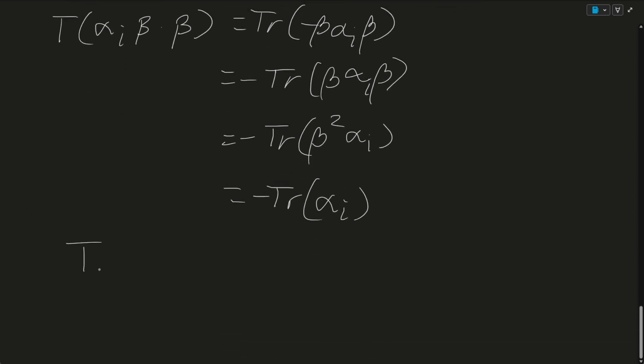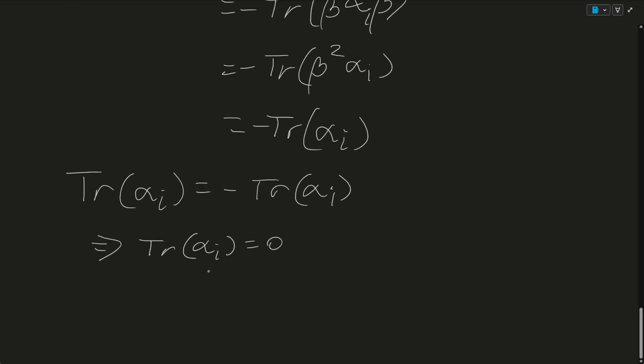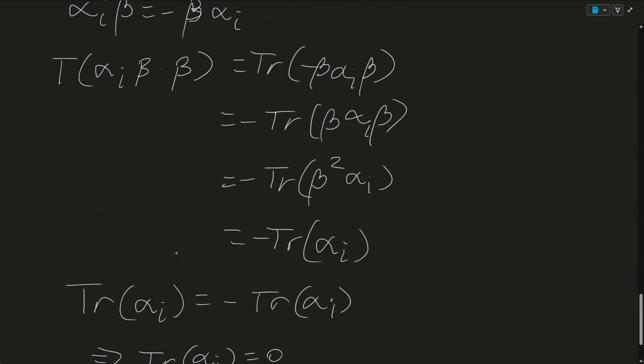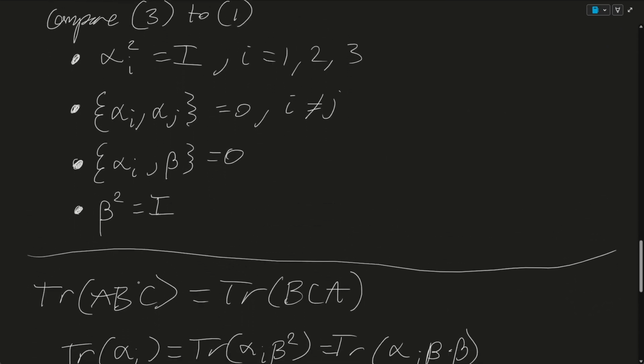Now, since the trace of alpha sub I is equal to minus the trace of alpha sub I, this implies that the trace of alpha sub I is 0. Now you can look at the dimensions.